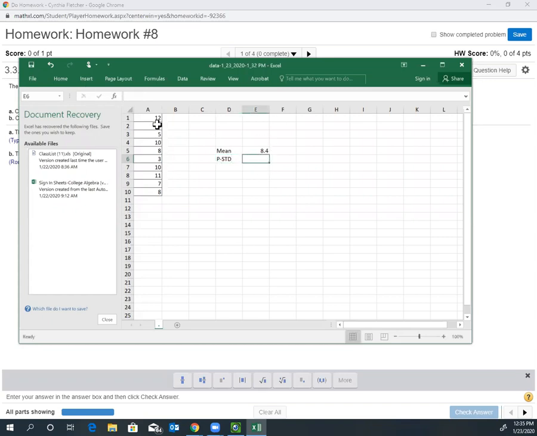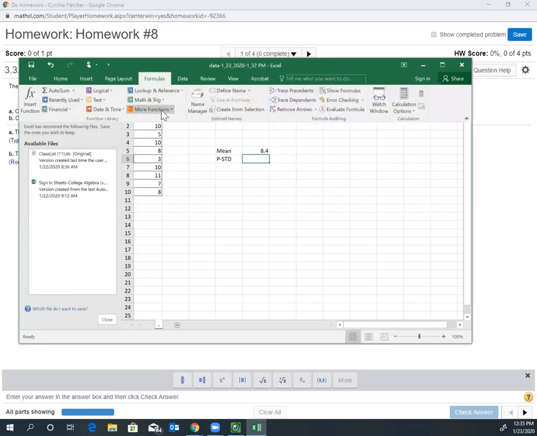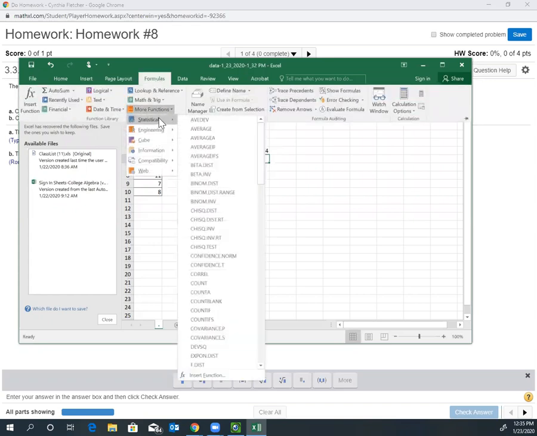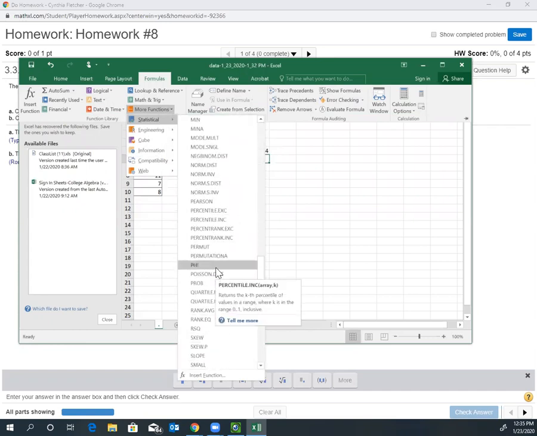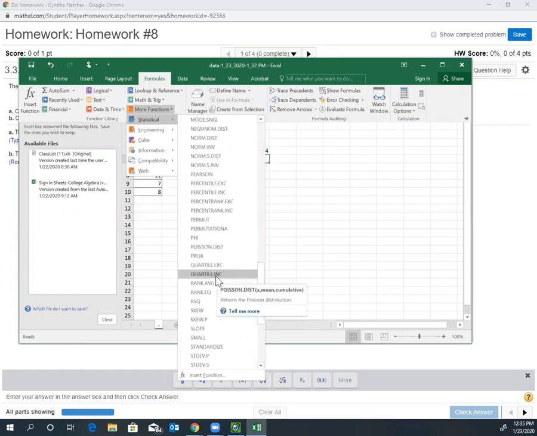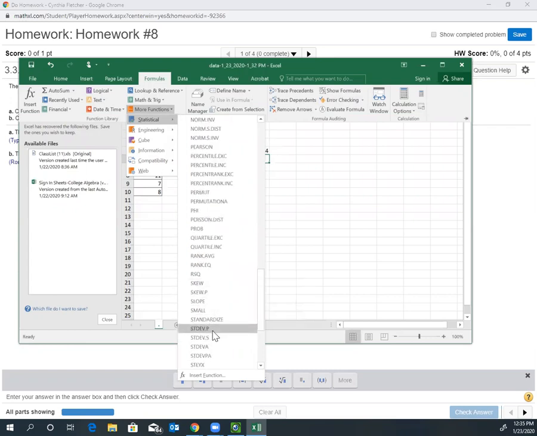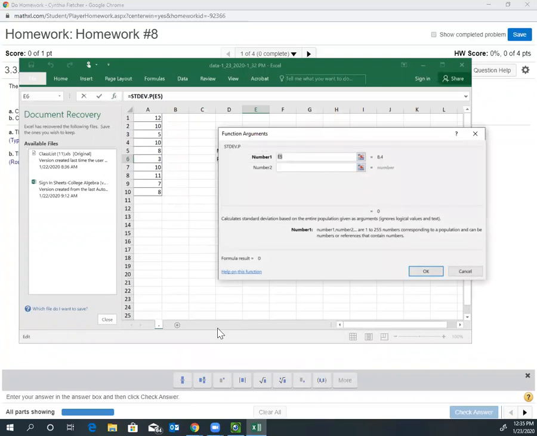So here again, I'm gonna go to formulas, more functions, statistical, and scroll down until you get to standard deviation, and it has P. So when you hover over it, it tells you what it's calculating. It says calculates the standard deviation based on the entire population. Okay, so that's the function that we want.